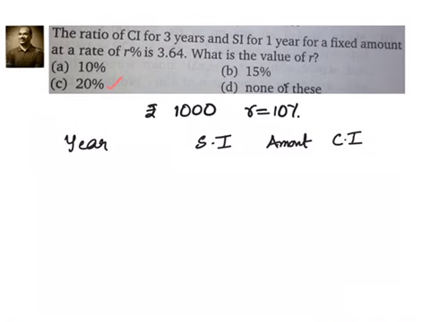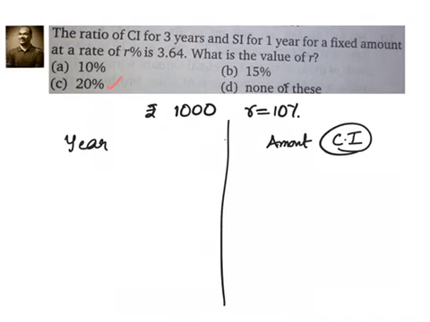Let me change this a little bit. This is for CI and this is for SI. Okay, let us take the first year.